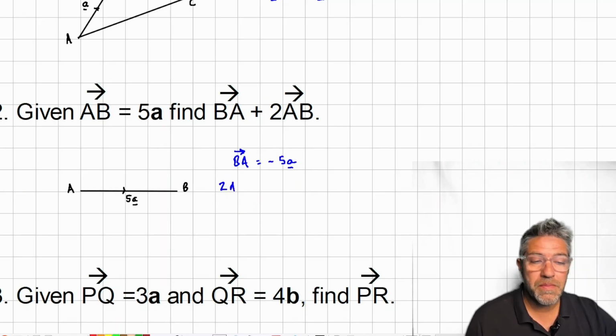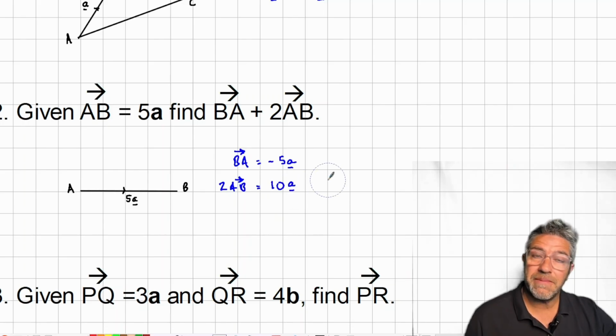2AB will equal 2 lots of this. So in other words, 10a. Now I need to do the question.